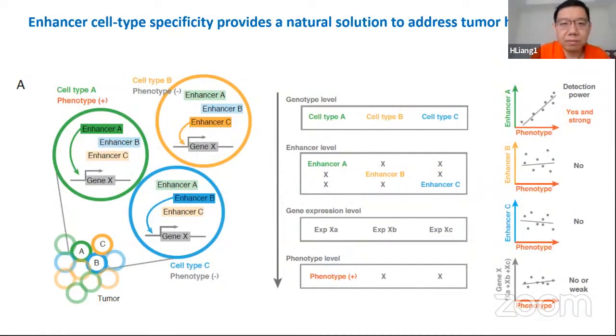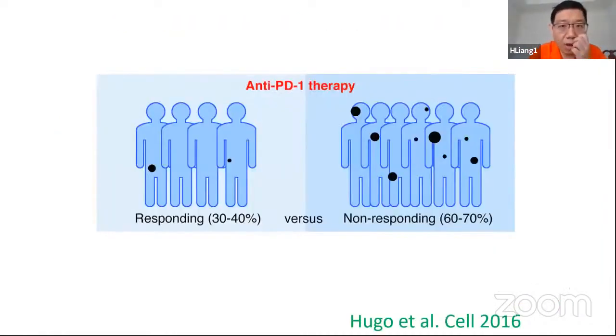So here I can give you one example. In cancer, recently immunotherapy, especially anti-PD-1, PD-L1 therapy, has been a major driving treatment. But there's a lot of effort to try to predict which patients will benefit from PD-1 therapy.